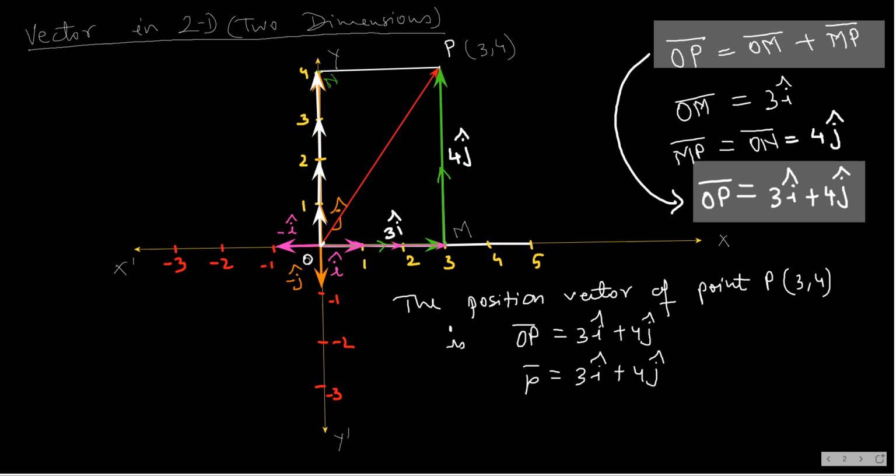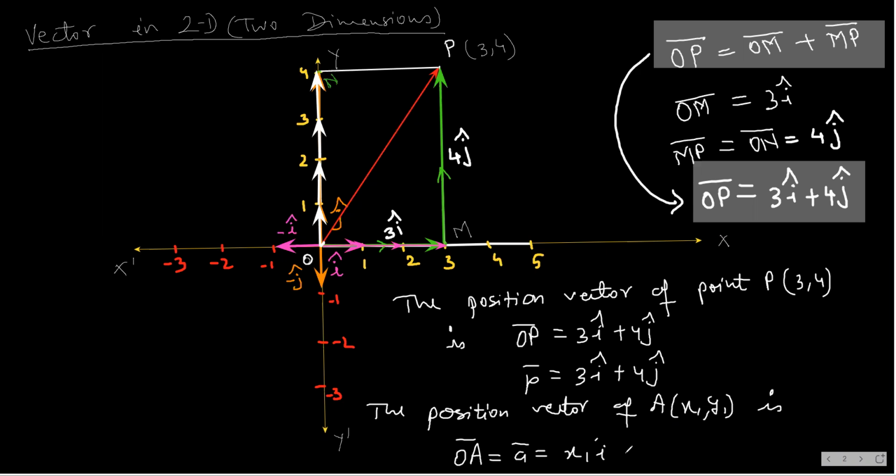In general, the position vector of A (x1, y1) is OA bar, which is A bar equal to x1 i cap plus y1 j cap.